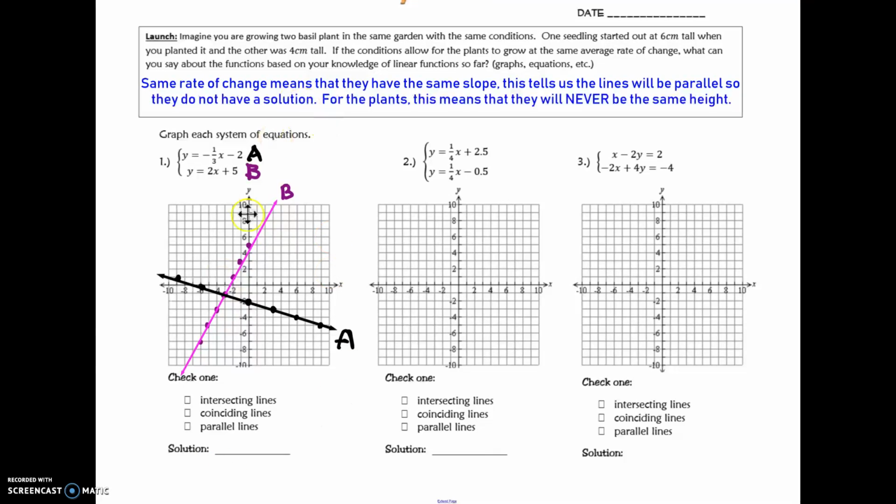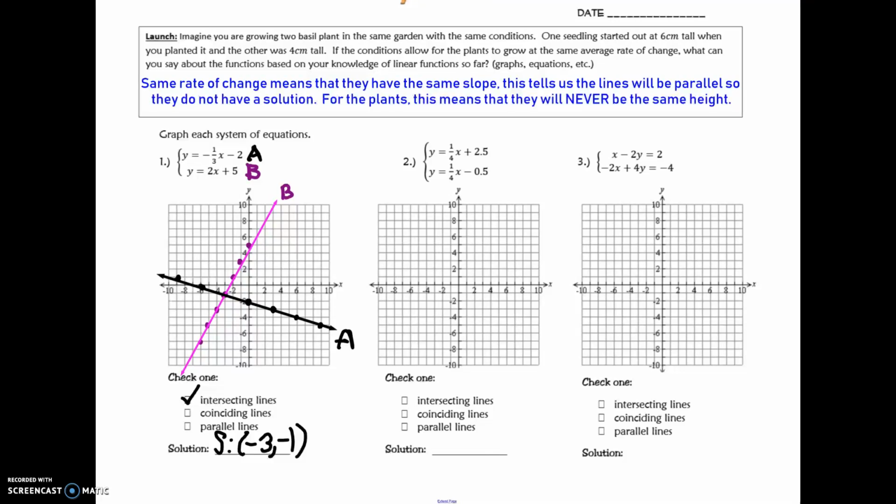This case would be a situation where we have one solution. The one solution is where these two lines intersect. So this is a case where we have a set of intersecting lines, and the solution point on this graph would be at -3, -1. So -3, -1 is my solution.